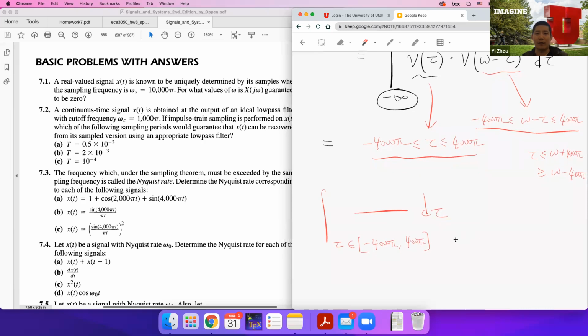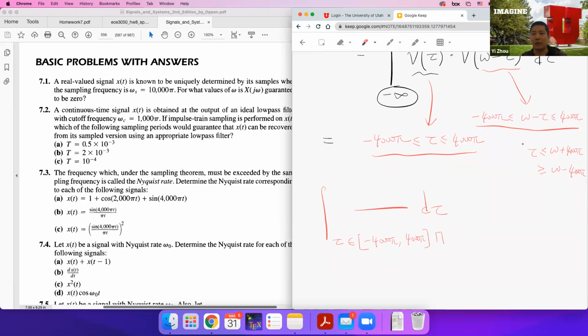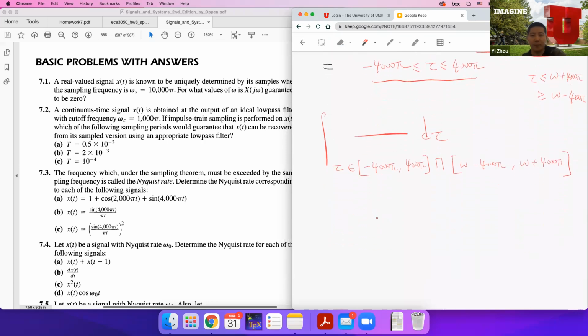The other, as we went through when we talked about convolution in lecture 3 or lecture 4, is between omega minus 4,000 pi and omega plus 4,000 pi. You can visualize the intersection of these two intervals.